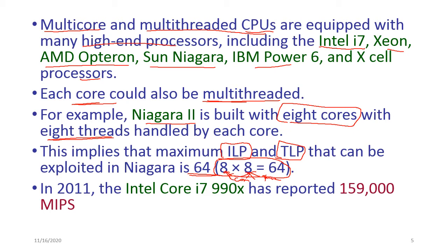Hence this modern processor can execute 64 threads simultaneously. In 2011, the Intel Core i7-990X reports 159,000 million instructions per second.